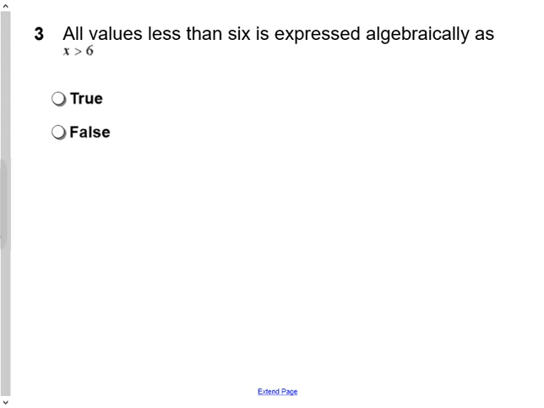Question 3, all values less than 6 is expressed algebraically as x is greater than 6, and this is, of course, false, because all values less than 6 is represented by x is less than 6.